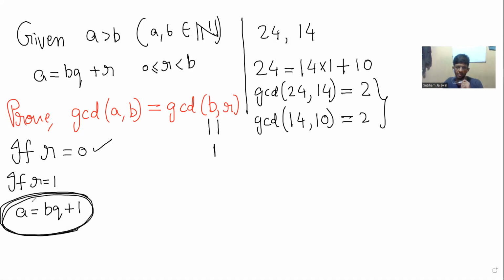GCD of A and B, what can it be? Let's say D is the GCD, can you show it as 1? Come on, I've done this with some of you, you would know this and should be able to do this. If this is D, can you show that D is 1?